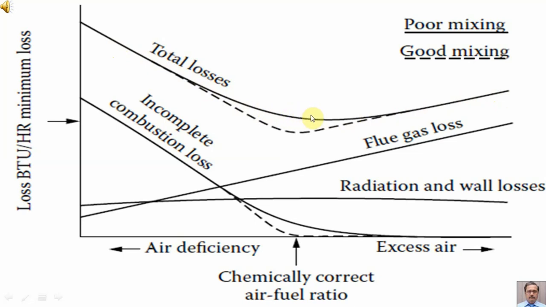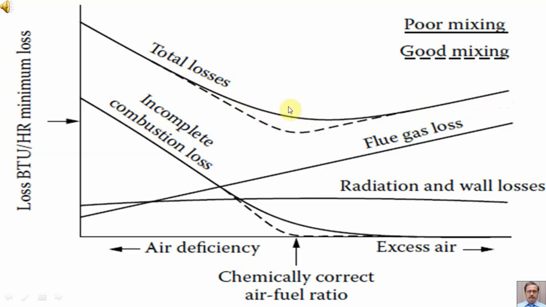But if the excess air is being fed to the boiler, then total loss is increasing. So here we can see that we are having a minima here, and which shows that this is the correct point or correct portion of the graph where we should operate the boiler furnace.